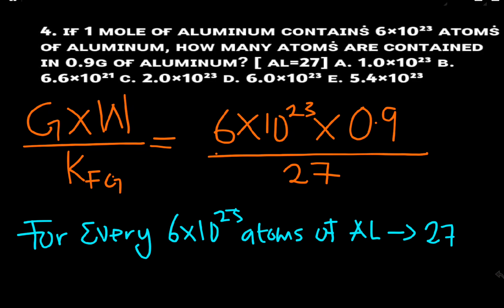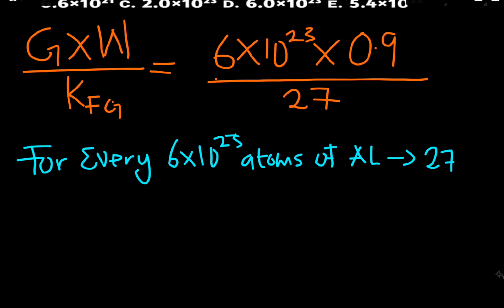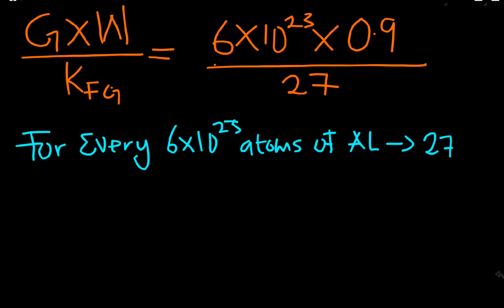Next, if we point to our calculator, going forward, with my calculator here: 6 times 10 raised to the power of 23 times 0.9 divided by 27.